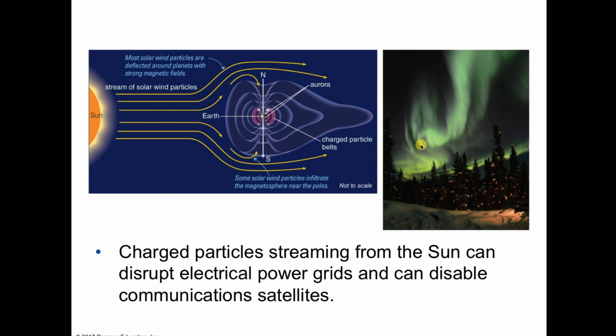It can do beautiful things. It can show you these beautiful pictures in the sky, in a sense, paintings in the sky. But that same energy could disrupt power grids. It could damage communication satellites. So it can do some damage. There have been recordings of power grids going out because of very energetic solar storms.